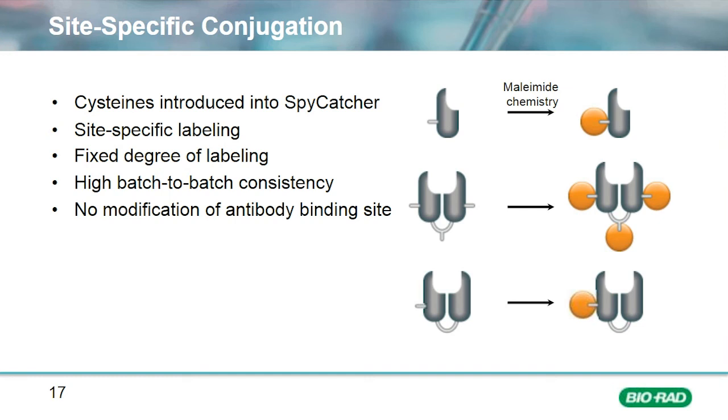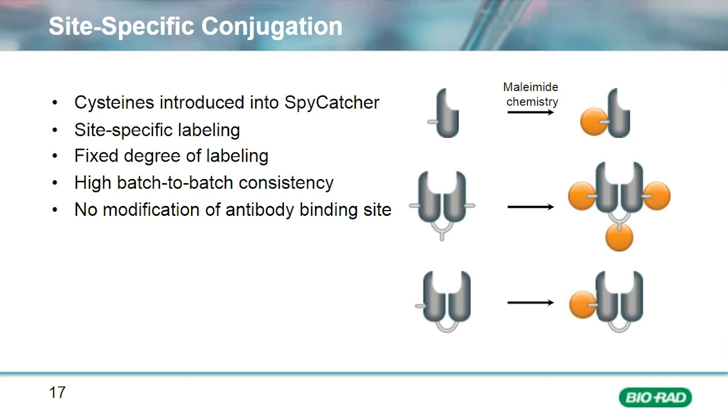So you can be confident, when you're using the Fabs or the whole antibody, that none of the label will be incorporated into the paratopes or the antigen binding sites of your antibody, where it might negatively affect the binding characteristics, because all of the chemical labeling will have occurred on the catcher proteins or related proteins before the Fabs were even added.